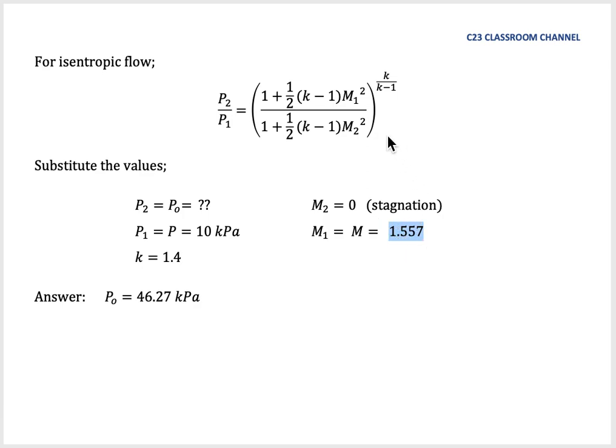We solve this equation, and we get that the pressure at stagnation point, P0, is equal to 46.27 kilopascal.